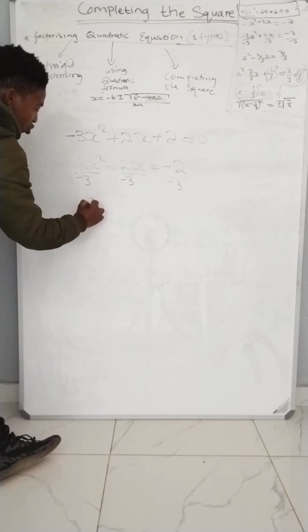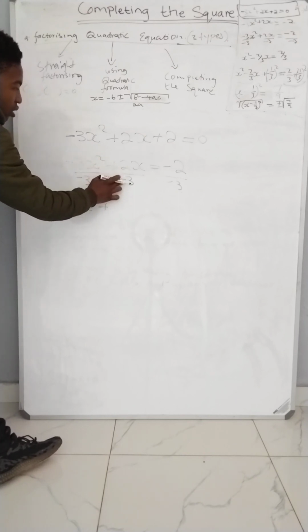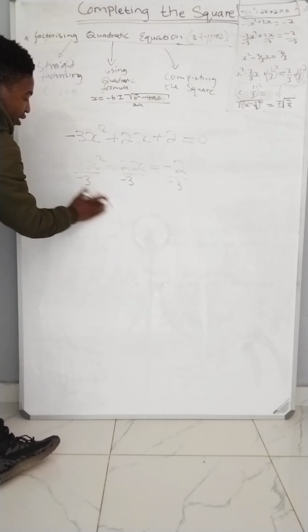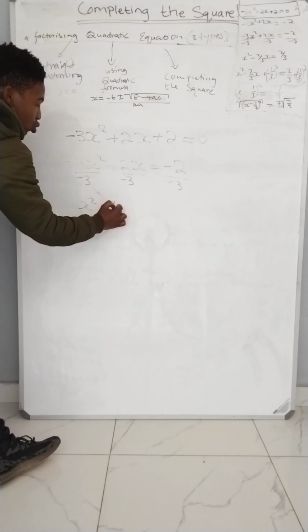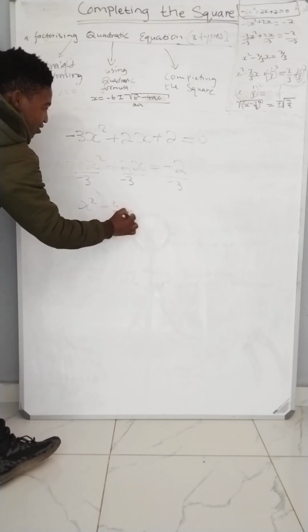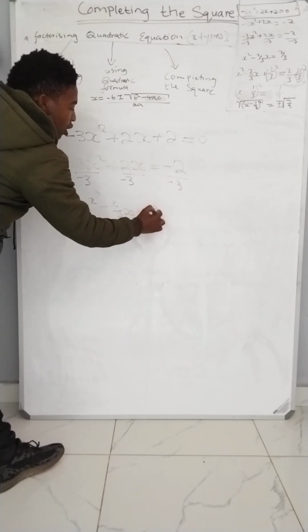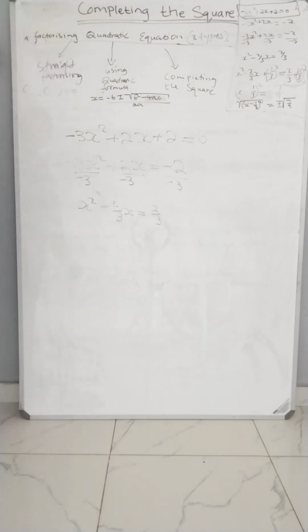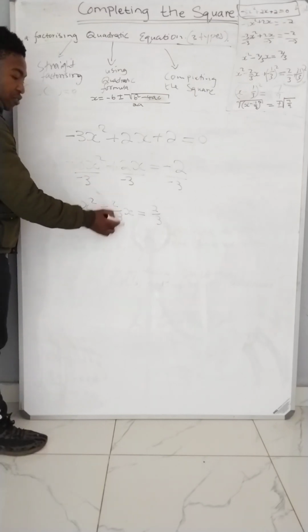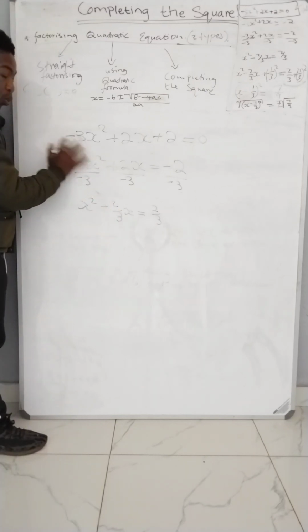You're gonna be left with x squared plus, because of this negative, positive divided by negative, you're gonna have negative. So you're gonna have -2 over 3x is equals to negative divided by negative positive. So you're gonna have 2 over 3 over that side. Okay, now you're gonna take half of the coefficient because you work with the coefficient of x squared.